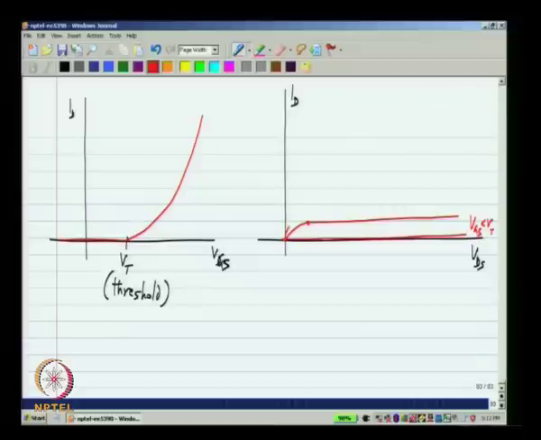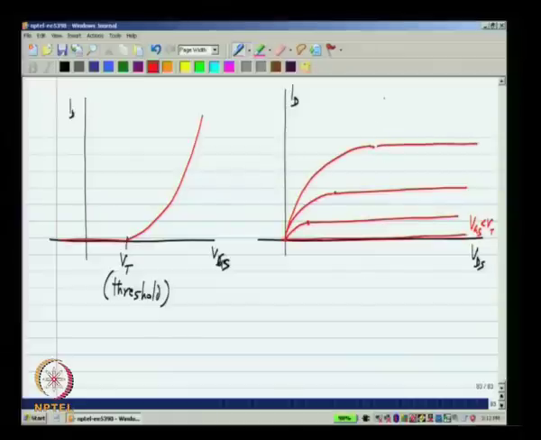Okay. Something like that, and this boundary between the triode and saturation region follows a parabola. In fact, it is the same curve as this shifted to the origin.